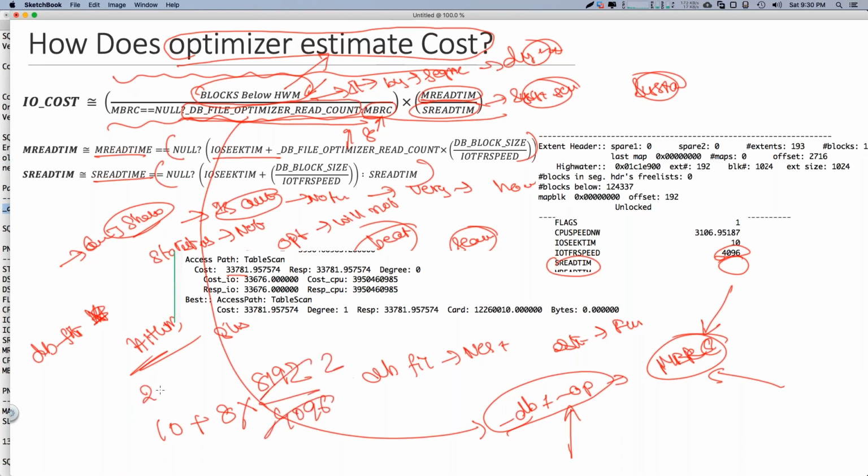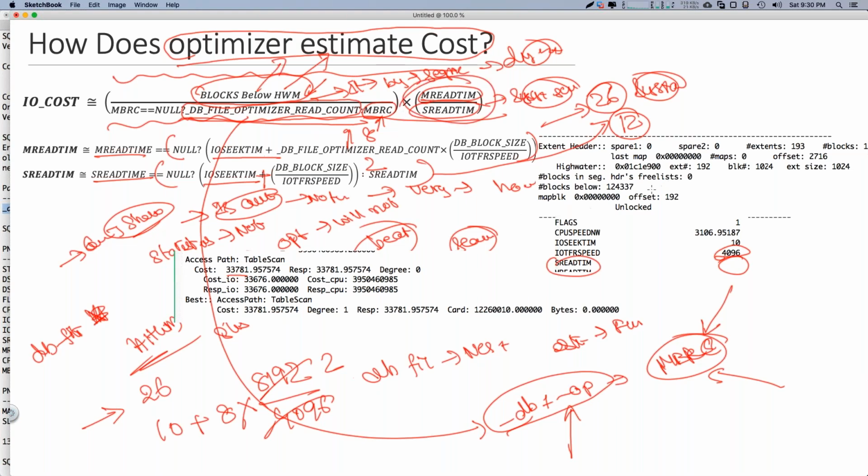M read time, Oracle calculates it as 26 here, and S read time by default will come to 10 plus 2, 12, guys. So now we know the value of M read time and S read time from this formula.